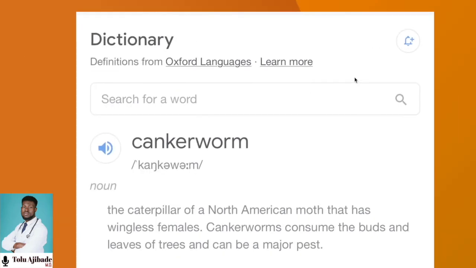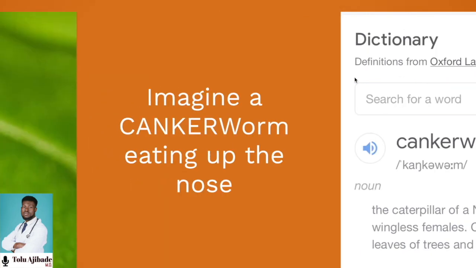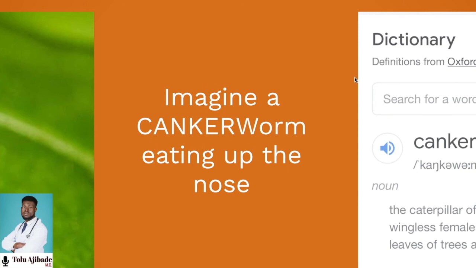This worm is known as a cankerworm. It's a caterpillar of a North American moth that has wingless females. Cankerworms consume the buds and leaves of trees and can be a major pest. Now, imagine a cankerworm eating up the nose.